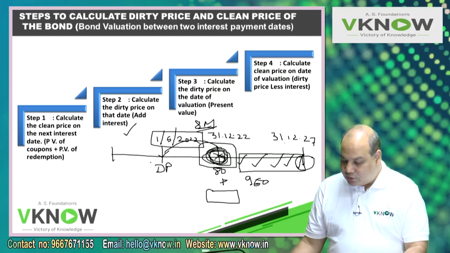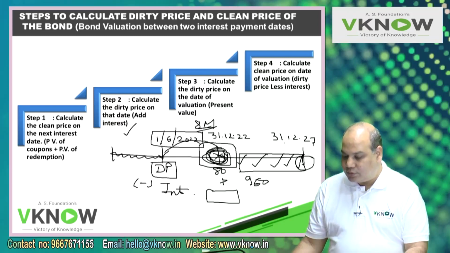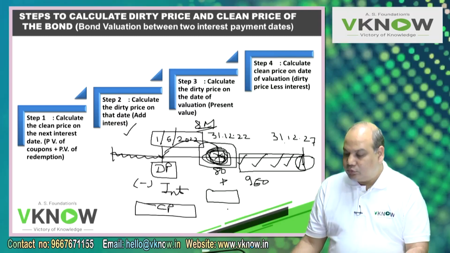Now this dirty price on 1/5/22 includes the interest accrued here for 4 months. So step number 4, from the dirty price I will deduct the interest accrued for 4 months, and that will give me CP, clean price. Okay, so dirty price less interest will give me the clean price on the valuation date.